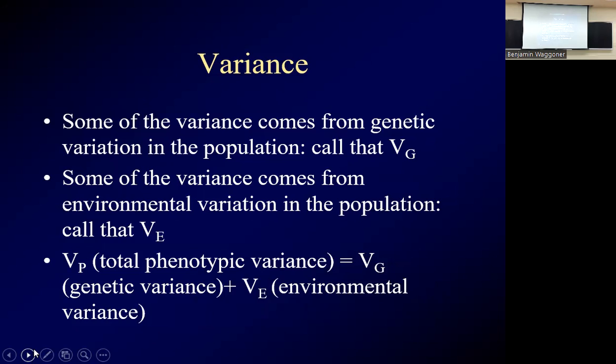So if we had a room full of people that ranged from 4 feet 10 to 7 feet 2, some of what makes those people different heights, some of the cause of why we've got such a wide range of people, is that people have inherited different genes. Short people tend to have short kids, and tall people tend to have tall kids. Not absolutely always, but it's a fairly strong tendency. Some of that variance comes from environmental variation.